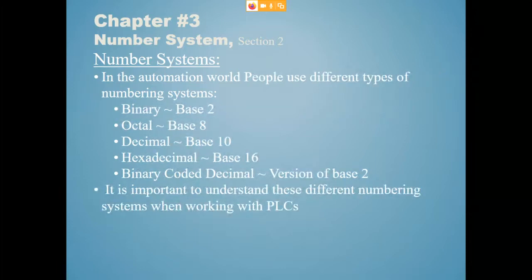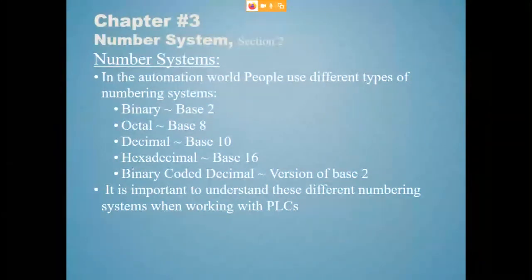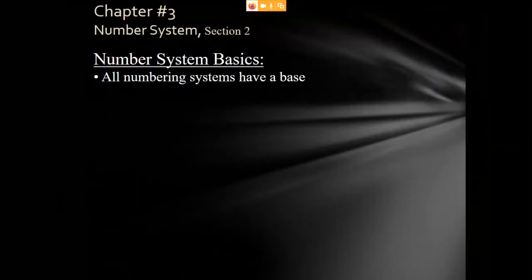But it's very important to understand how these different numbering systems work, how we can convert between them, and why we need them. Why do we use octal or hexadecimal? If the PLC only uses binary, and as humans we're most comfortable with decimal, why do we work with octal or hexadecimal?